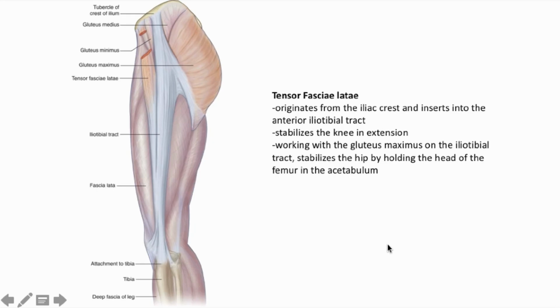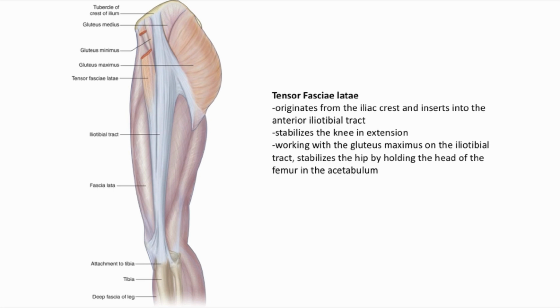Couple more slides. Remember we talked about the fascia before. The tensor fascia lata is a muscle, the most anterior of the superficial group of muscles in the gluteal region, and it overlies the gluteus minimus and the anterior part of the gluteus medius.